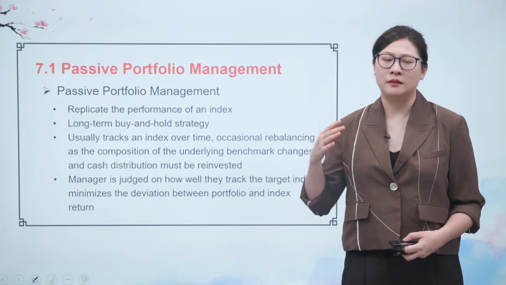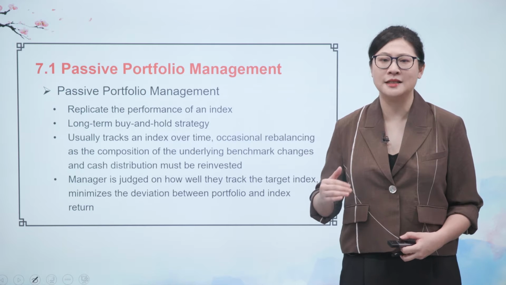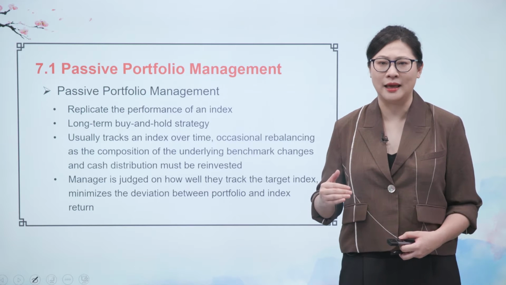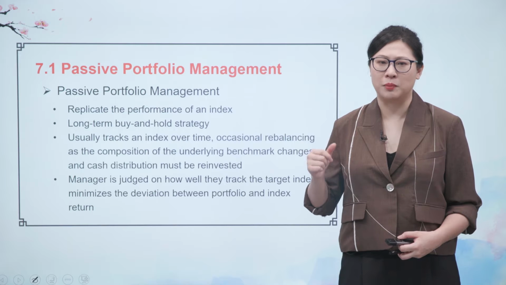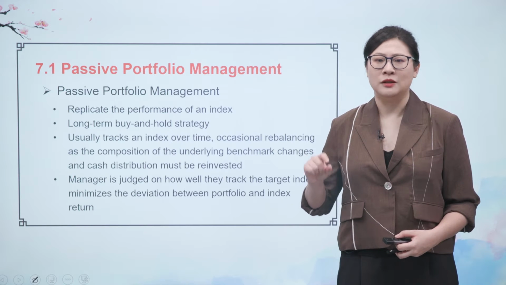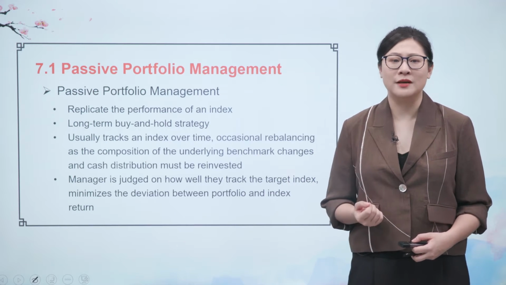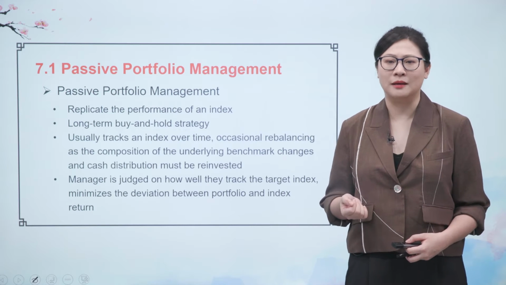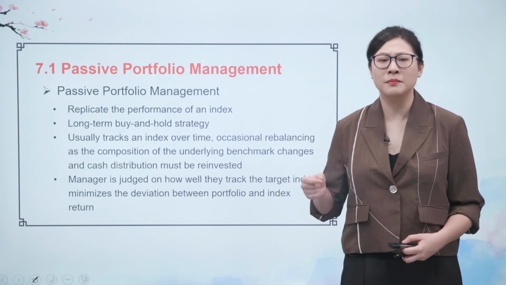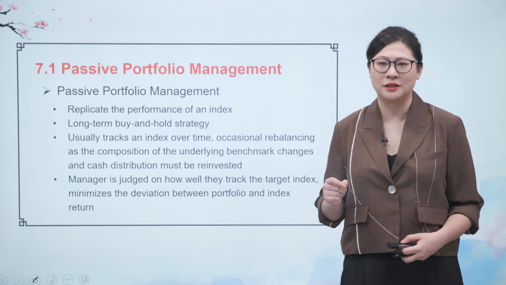So generally speaking, passive portfolio managers don't rebalance frequently. When the benchmark changes the weights, the passive portfolio will definitely change its weights, the composition. And the last point is the manager is judged on how well they track the target index, minimizing the deviation between portfolio and index return.